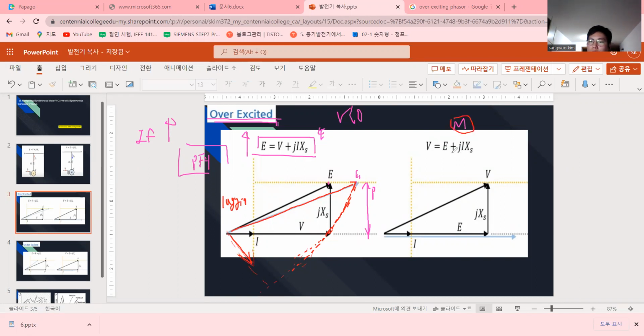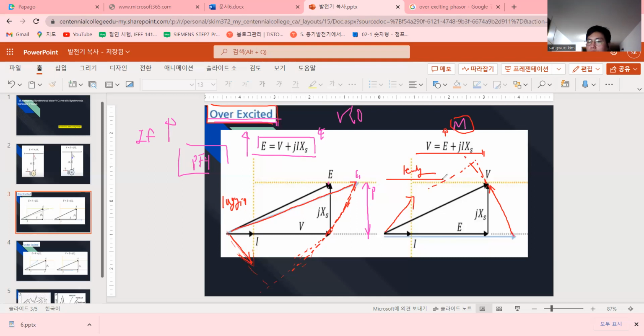Look at that. If we increase E, what happens? E is at this point, so we need to go here, and it is 90 degrees. You see it, right? So now the current, in the same overexciting situation, is lagging for the generator part, and for the motor it is leading.